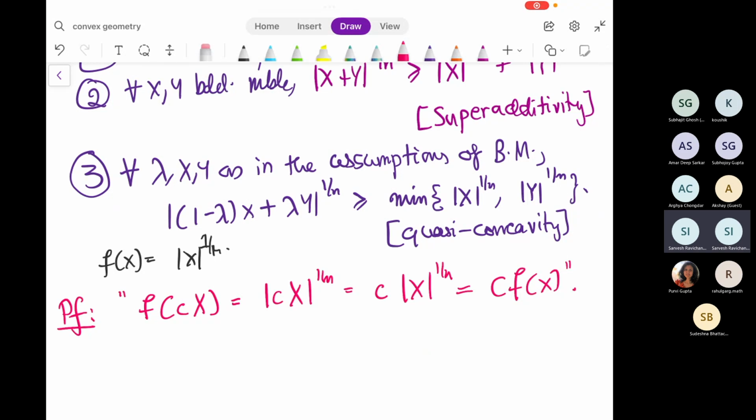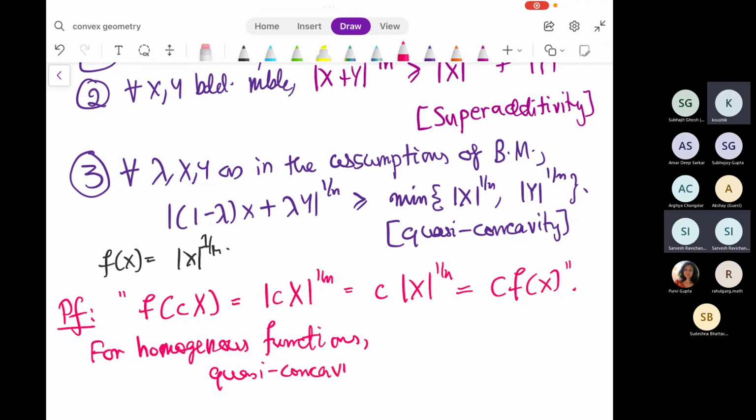And for homogeneous functions, it turns out that quasi-concavity actually implies concavity by itself.